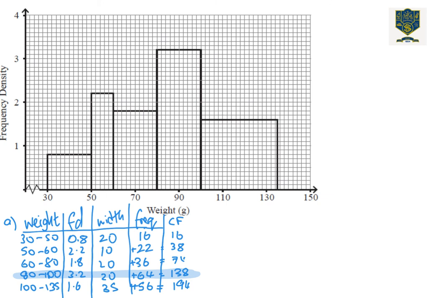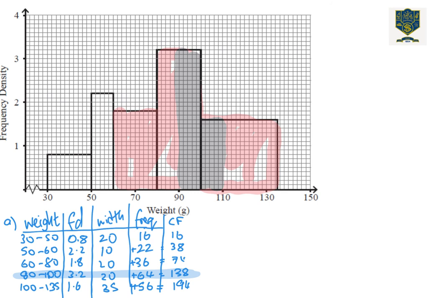Part D then, a stratified sample of 40 letters that weighed more than 60 grams. So more than 60 grams, so that's everything contained in these three bars, is to be taken. Tell you how many should be taken between 90 and 110. So between 90 and 110 is this part in here.